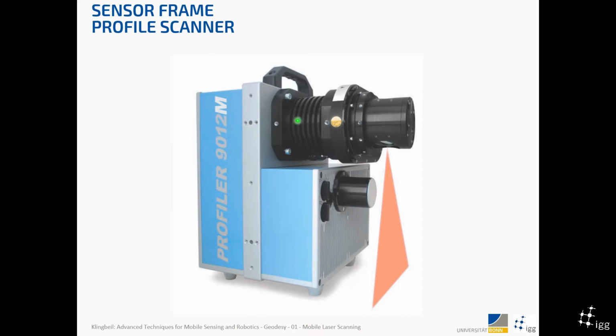This is for a profile scanner. What we've seen before was a panoramic scanner, where the scanning element, the distance measuring element, is going through the whole 3D space.